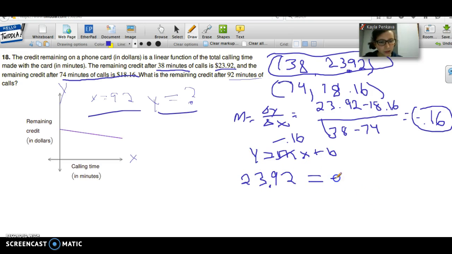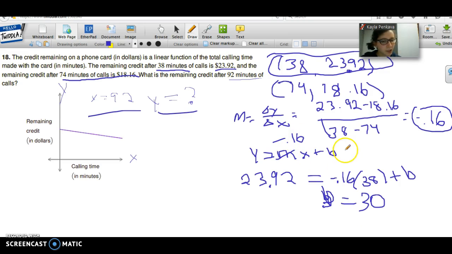And this is equal to the slope, negative 0.16, times 38, the x value, plus b. Then we solve for b. When we solve for b, we multiply negative 0.16 by 38, and then add that over to the other side, and we get b is equal to 30. Okay? So b is equal to 30.